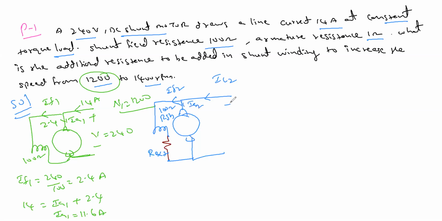And this also I don't know. Voltage है ना, supply voltage is 240 here. Now definitely IF2 लिख सकते हैं आप: 240 by RSH plus R external. Directly I am writing here, IF2 is 240 by 100 plus R external.